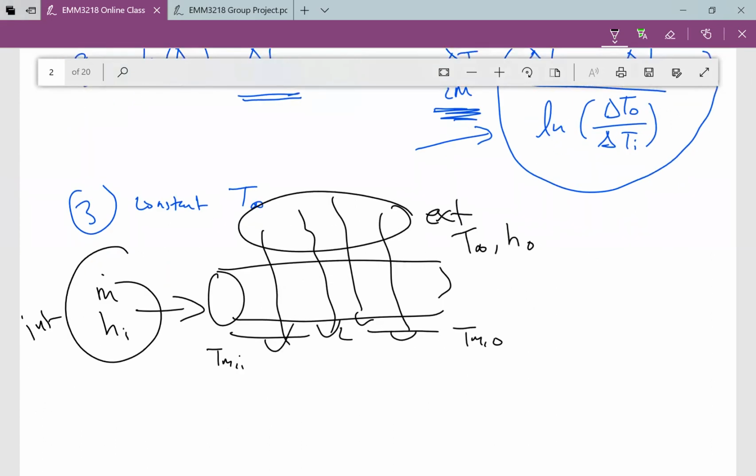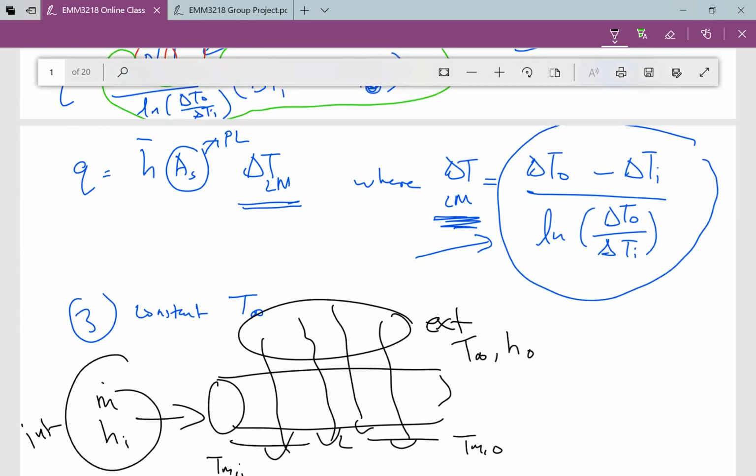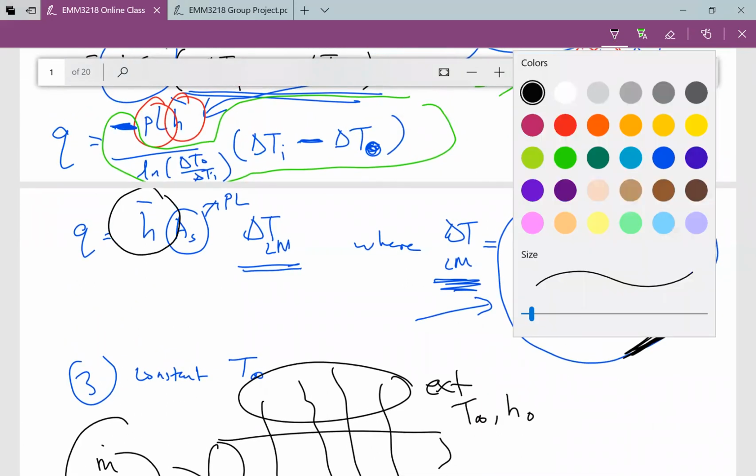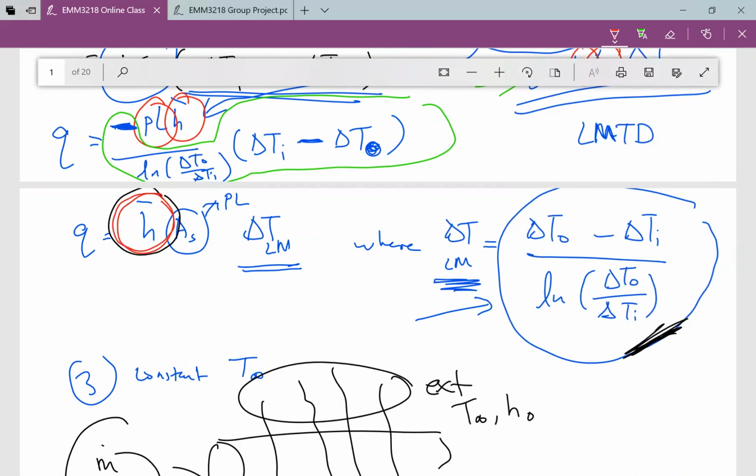Okay. So what happened in this case, we can use a similar equation here. It's just that instead of having H in this equation, we're going to replace that by U. U is like the heat transfer coefficient that represents how good the heat transfer is going on from the hot to the cold fluids, but it considers all the mechanisms that are involved at the same time.